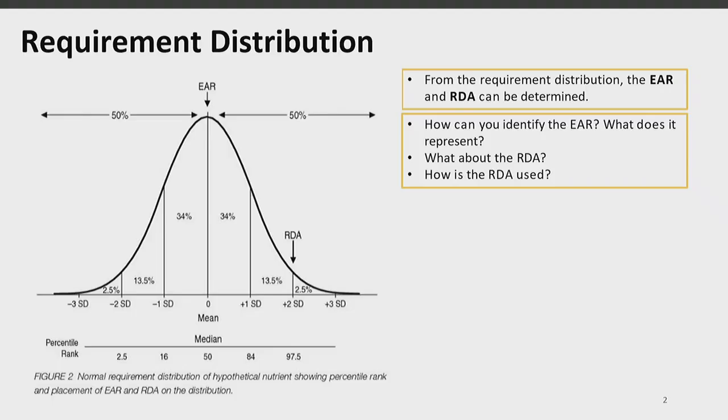We talked about it. That's 98%, or 97.5 to be more accurate. So how is the RDA used? RDAs can be used for planning meals for individuals. Very often when we're looking at population level, the EAR is what is used to estimate how well they're doing with regards to their diet.